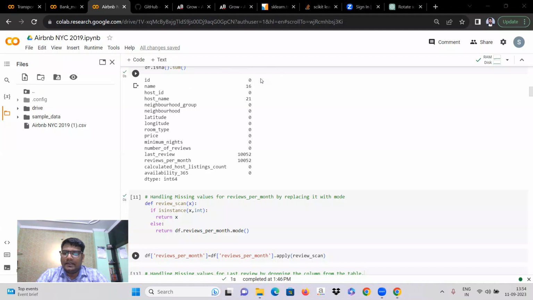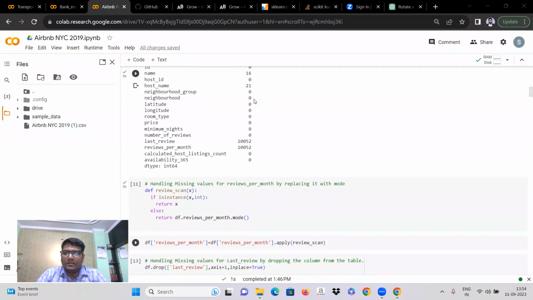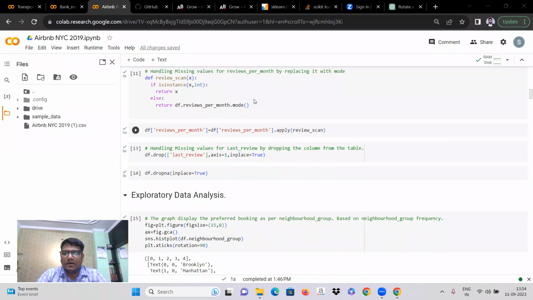The name and host name have very few null rows, so we'll be dropping those rows. So here is how I have handled these null values.